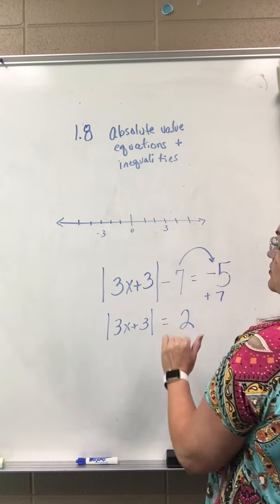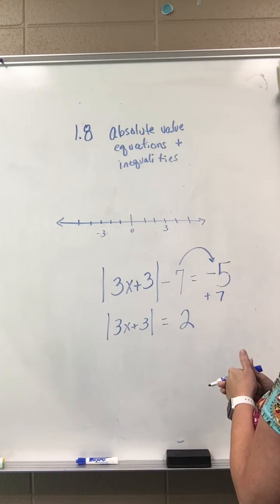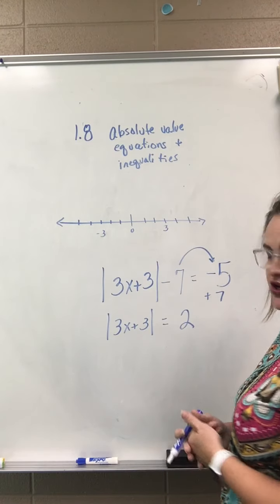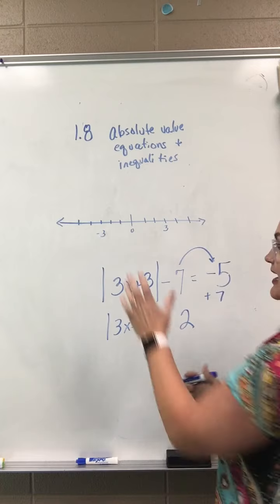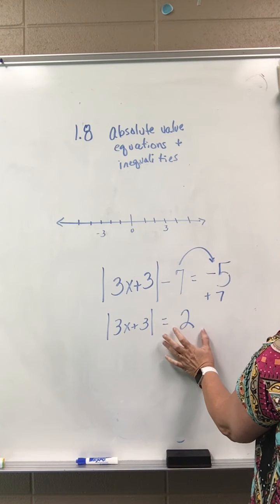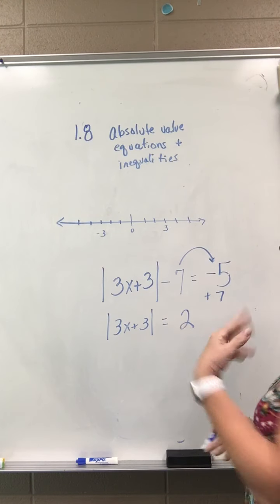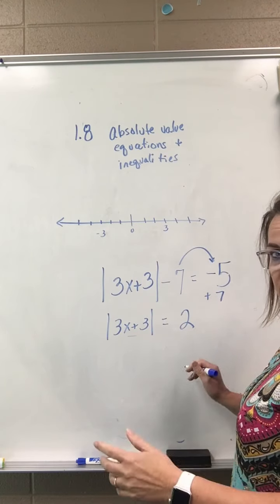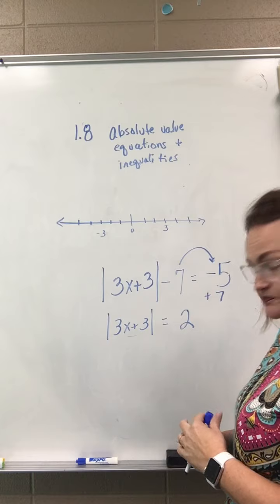If there were some other operations outside the absolute value, move those across the line by throwing terms across the line, or dividing if there's a multiplier. Isolate that first. Then if this number is a positive number, you'll be able then to work it. You'll get two answers. You'll set it equal to positive 2, equal to negative 2, and work it out.